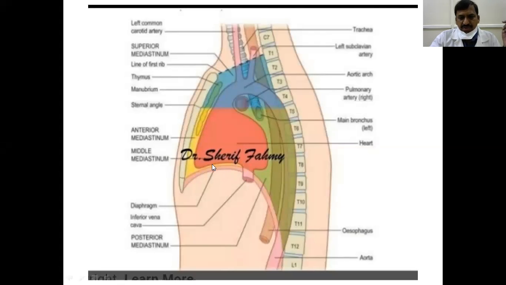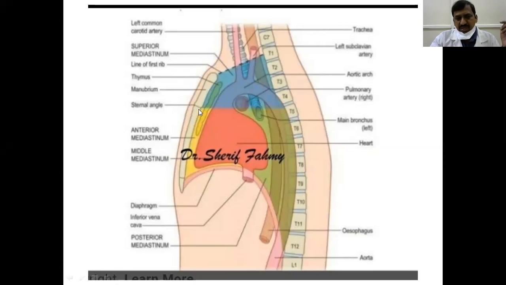Anteriorly, this is the sternum, and posteriorly the T1 to T12 thoracic vertebrae. This total is the mediastinum.